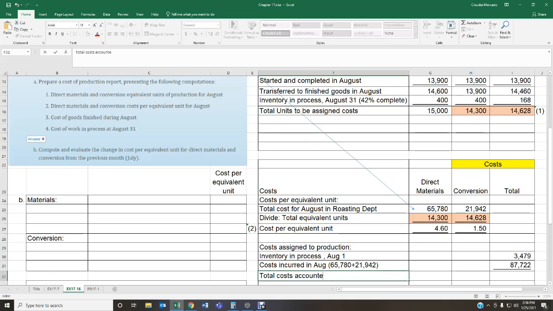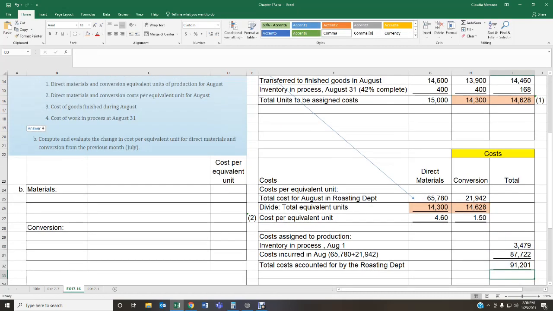cost accounted for by the roasting department. We're going to add our beginning inventory cost plus what we added in the current month, and that gives me 91,201. Okay.